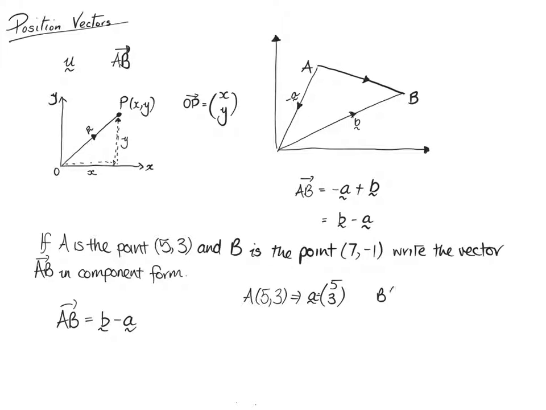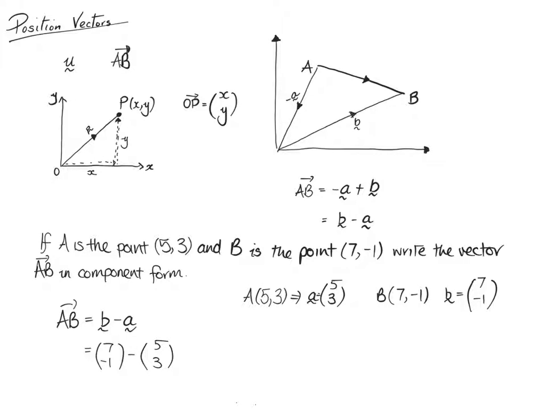So B is (7, -1). The coordinate B is (7, -1), so the vector B is going to be (7, -1). Okay, so therefore now we get B minus A, so we get (7, -1) take away (5, 3).